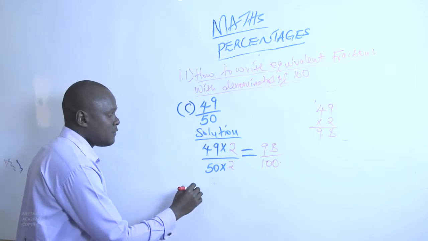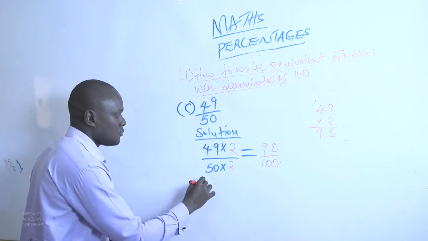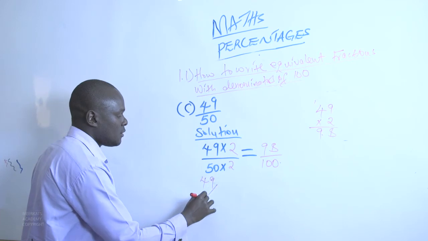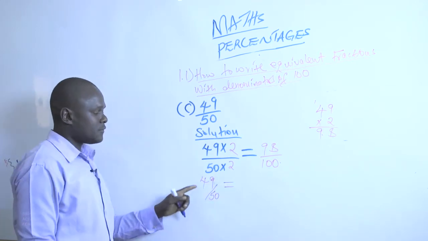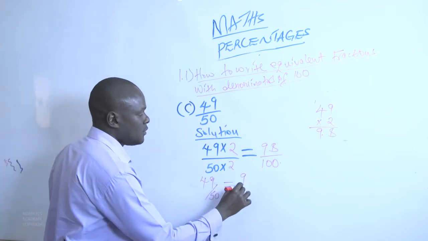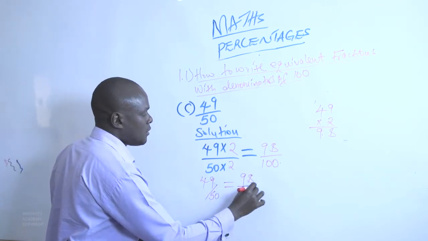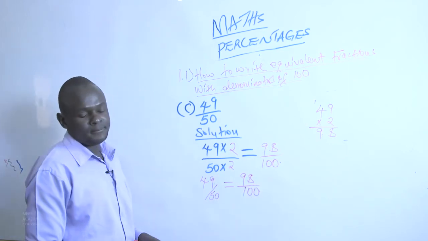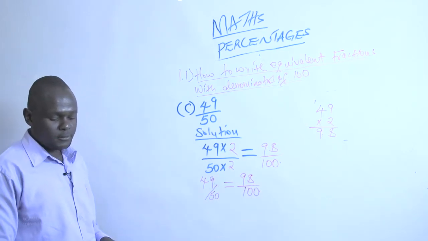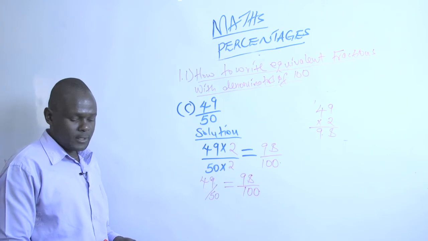So an equivalent fraction to 49 out of 50 will be 98 out of 100. That will be 98 out of 100.